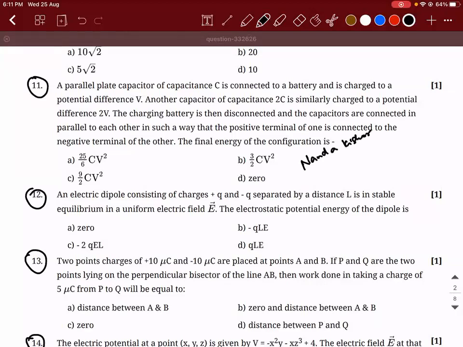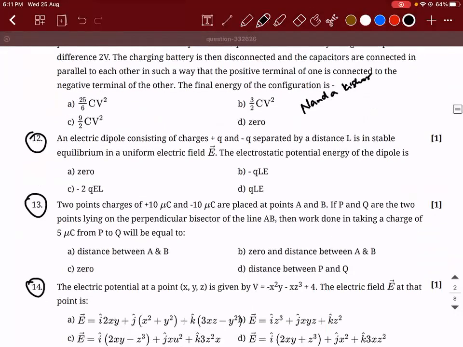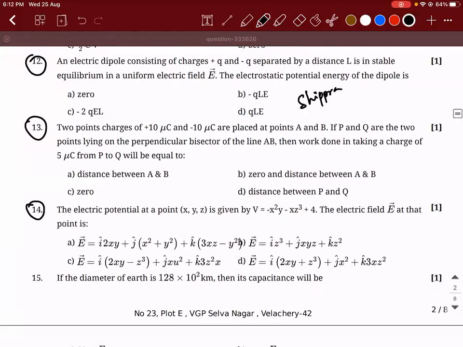Yes, sir. 12th, Shipra, sir. 13th is by Mokshit. 14th, Shipra, sir, and Satyapriya.